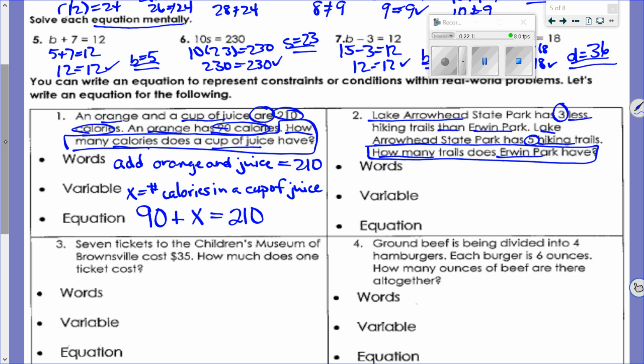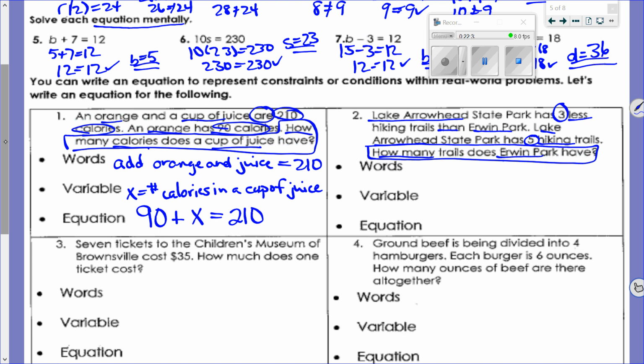Arrowhead State Park has 5 trails that Irwin. No, don't get to that. Look at the top part first. The very first sentence: Arrowhead has 3 less trails than Irwin. How would I write that in words?